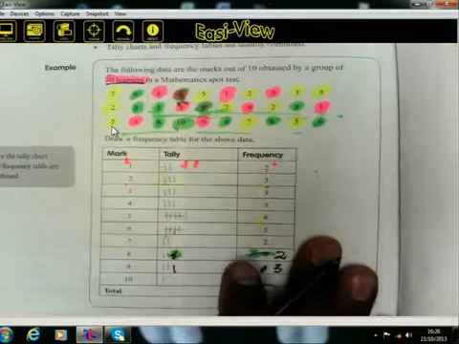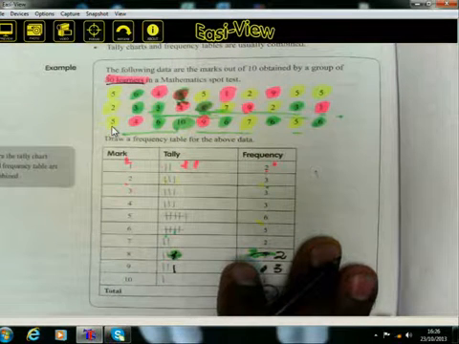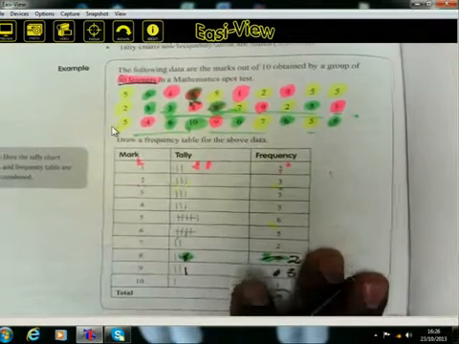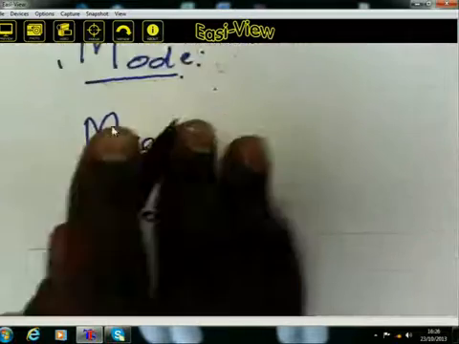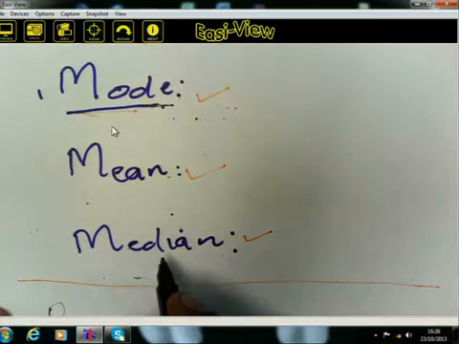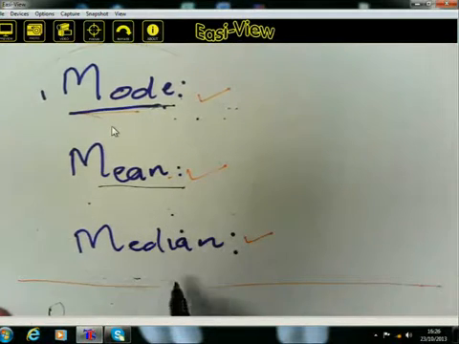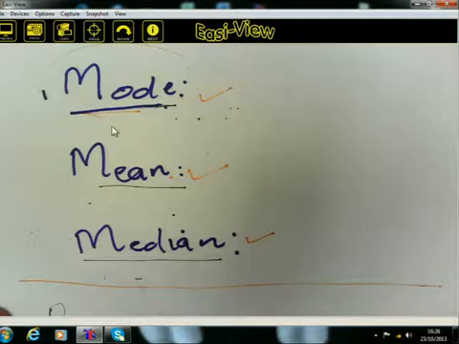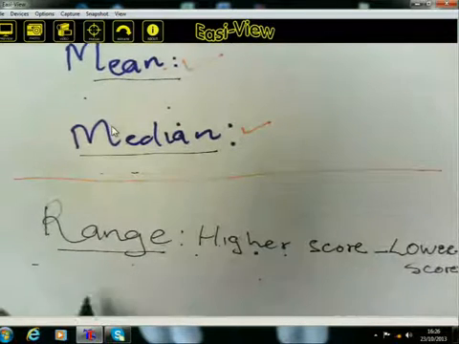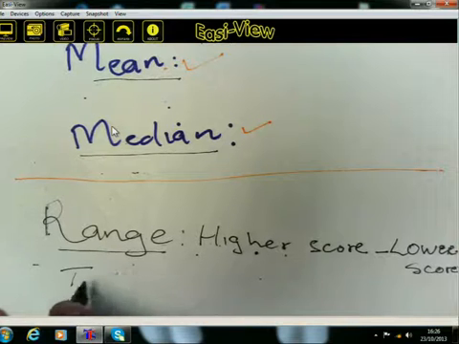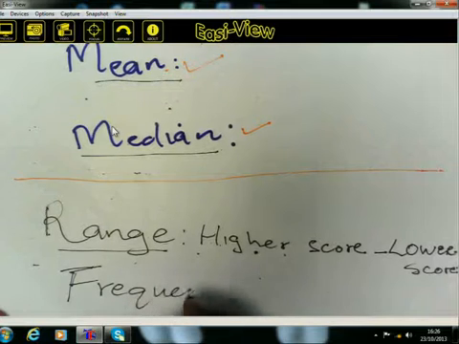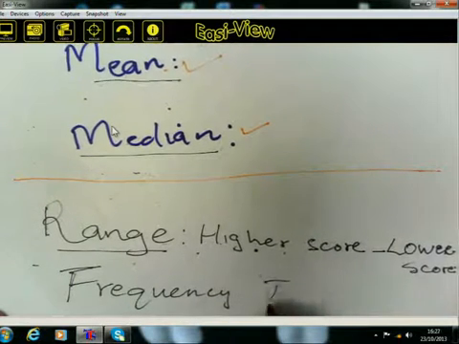Let us just check what we did. Remember, what we did first, we did the mode, we did the mean, we did the median, we did the range, and then after the range, we took the information to the frequency table.